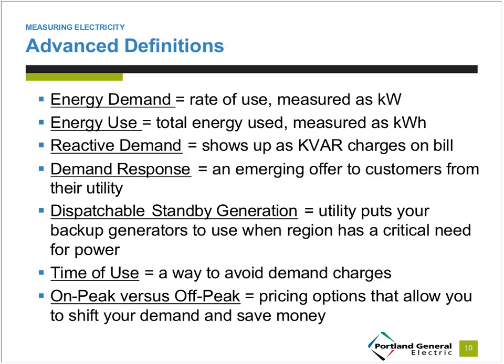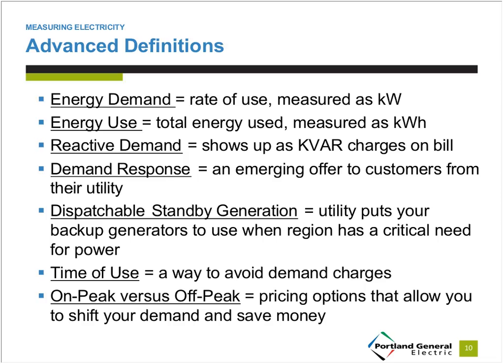Demand response is an emerging offer to customers from their utility involving the smart grid and its applications. Dispatchable standby generation is where a utility puts backup generators that you have online to use when the region has a critical need for power. Large hospitals, large industrial plants that have backup generators might be interested in this.